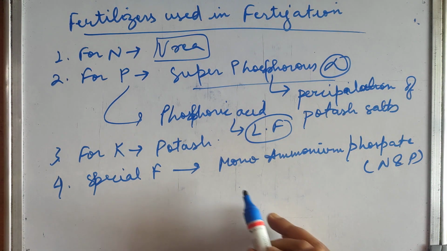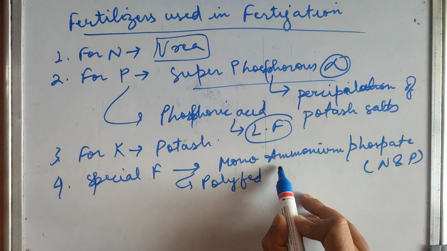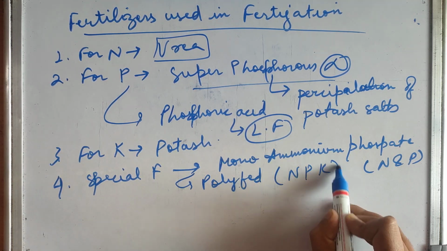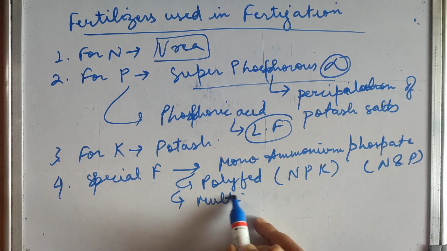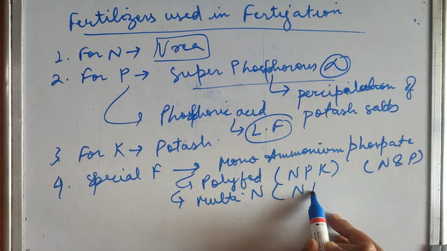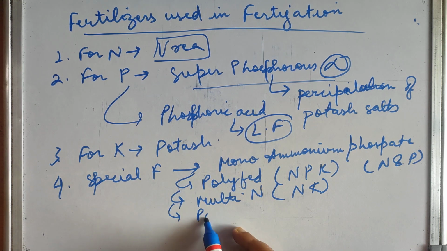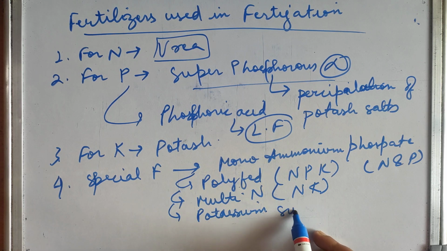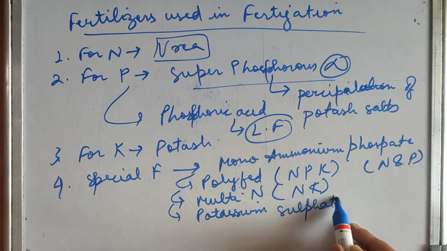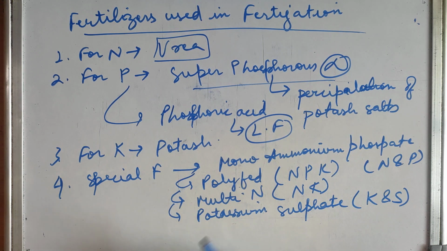We can use polyfeed, which contains all three, N, P and K. We can use multi-K, which consists of N and K. We can use potassium sulfate, which has K and S. So these are highly suitable for fertigation.